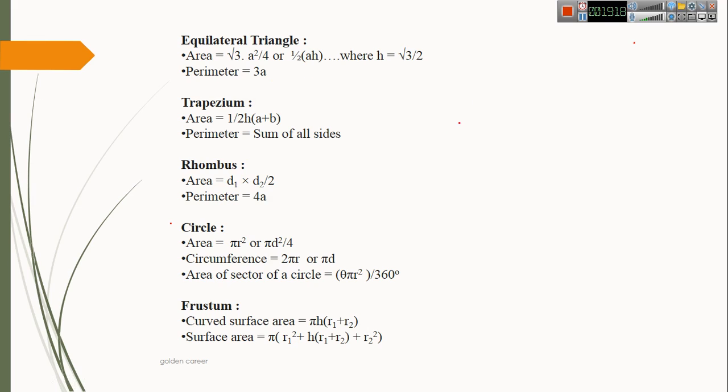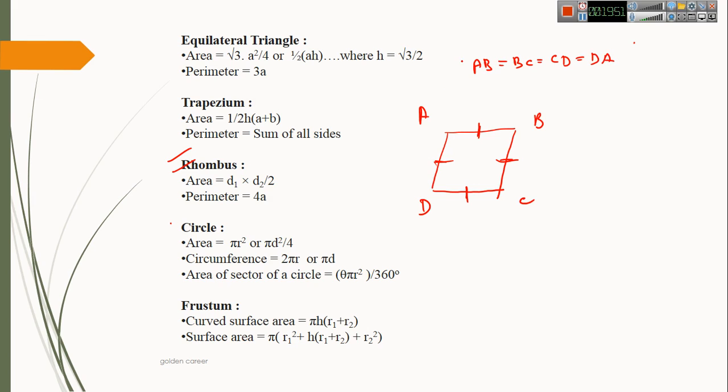If we have a rhombus like this, the only similarity between a rhombus and the square is that all the sides are equal. For a rhombus, AB is equal to BC equals CD, which is equal to DA.